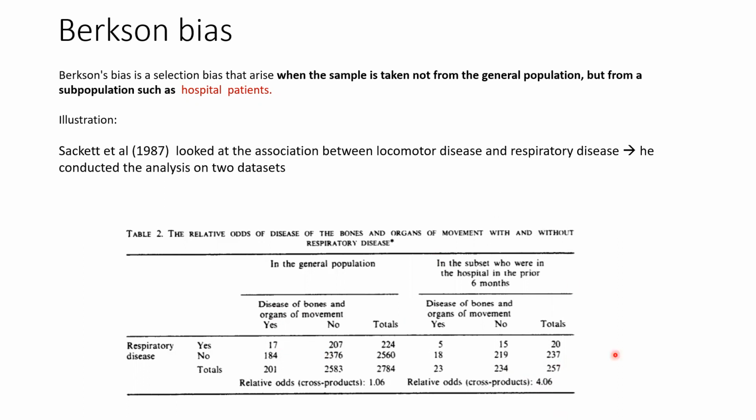When we look at this subpopulation of people who were in the hospital in the prior 6 months, we see a link between respiratory disease and locomotor disease, as if respiratory disease increased by 4 times the odds of having locomotor disease. Then when he looked closely, he discovered the reason for this bias. Can someone guess what could be the reason?